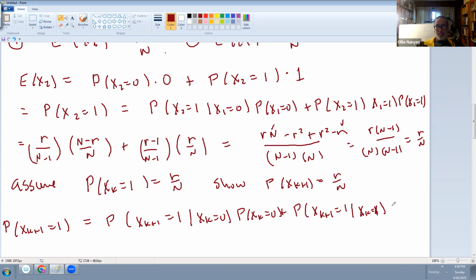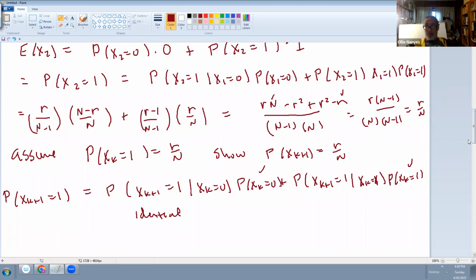Sorry about the sloppiness. And it's identical, since these two things are the same as they were up here.